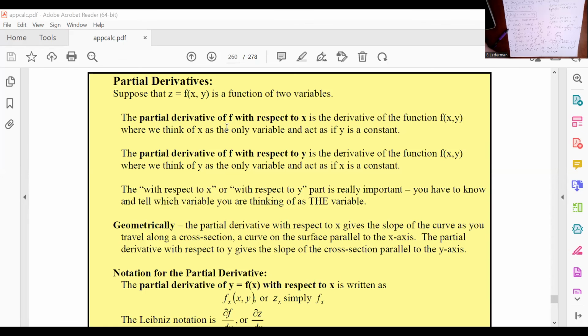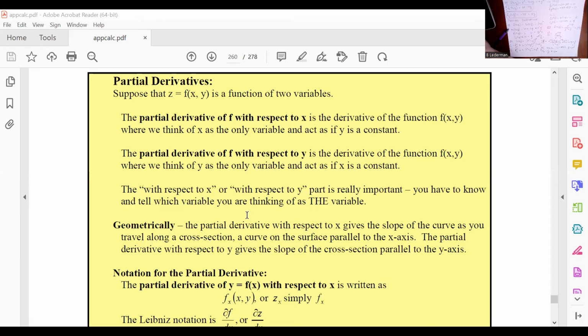The partial derivative of f with respect to x is the derivative of the function of x and y where we think of x as the only variable, and we let y act as a constant. And with respect to y, it's the same thing, but the other way around. Again, the phrase "with respect to" is very, very important, because that tells you which is the constant and which is the variable.